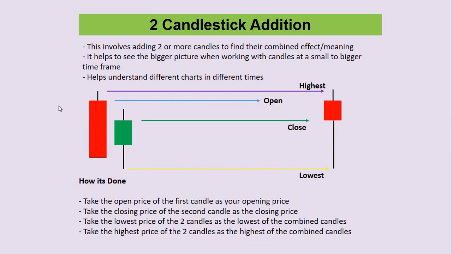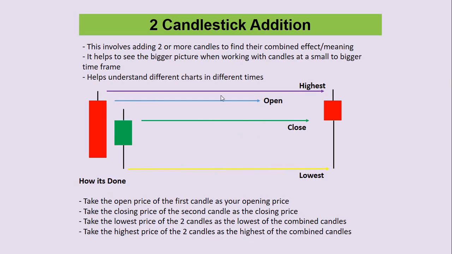Now, once you have the opening price, you also now need to look at the closing price. For the closing price, you're looking at the second candle's closing price. So in this case, we can see that the second candle is a green candle, and at the top of the candle bar is where you're going to pick your closing price.